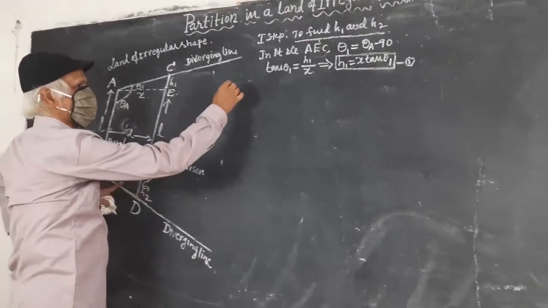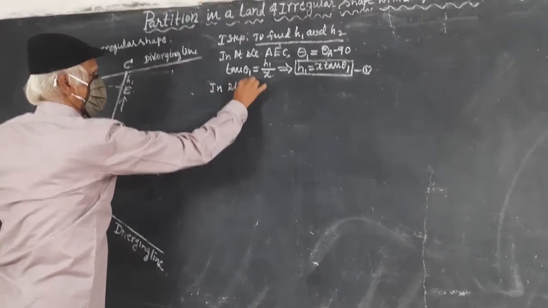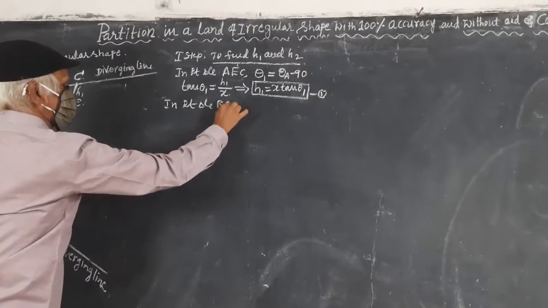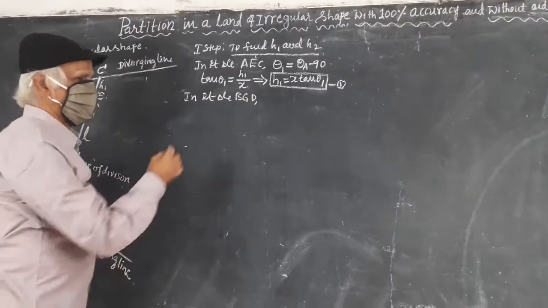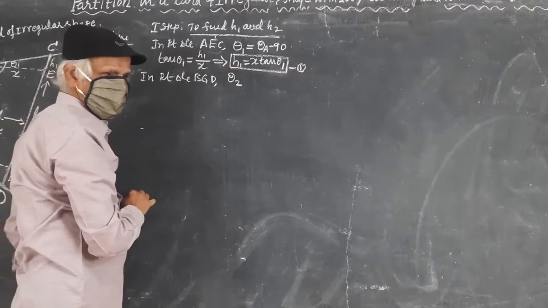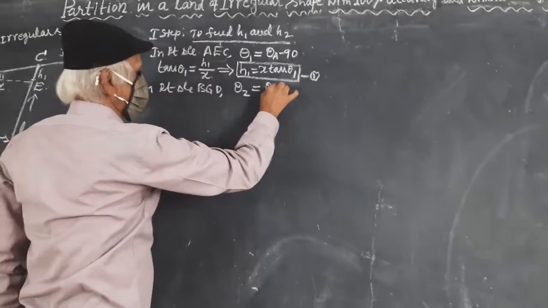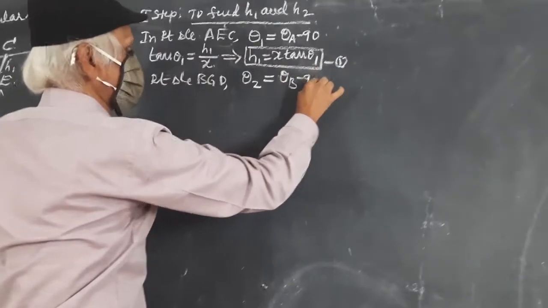Similarly, next consider the lower right angle triangle BGD. So in this, since BG is perpendicular, theta 2 can be written as theta B minus 90 degree.